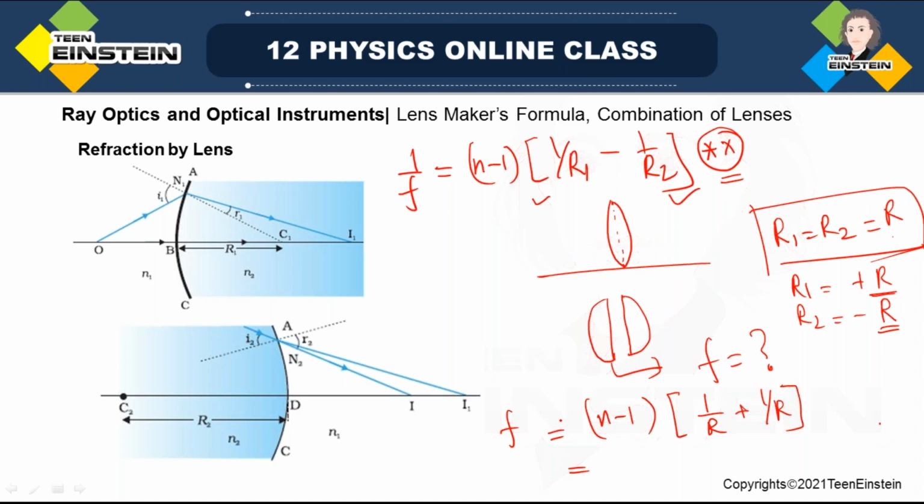So this is what we get for an equiconvex lens: 2(n minus 1) divided by R.